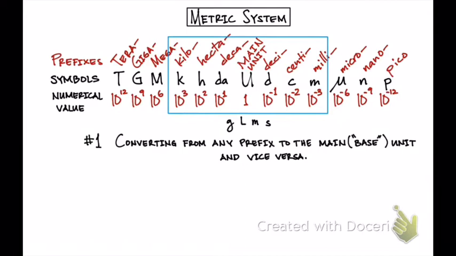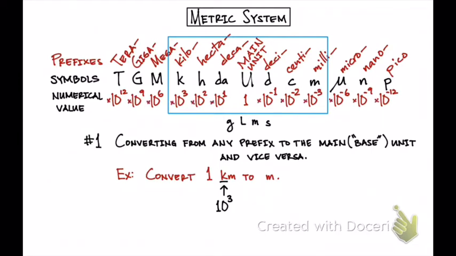All right, so let's look at this first one right here, converting from any prefix to the main base unit and vice versa. So I mentioned previously that these numerical values are basically multipliers. So if you put a K in front of a gram, then you're multiplying that gram by its numerical value. So let's say convert 1 kilometer to meters. A kilo is equivalent to 10 to the third power.